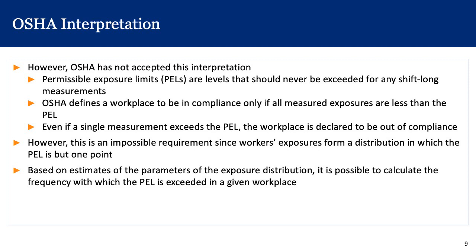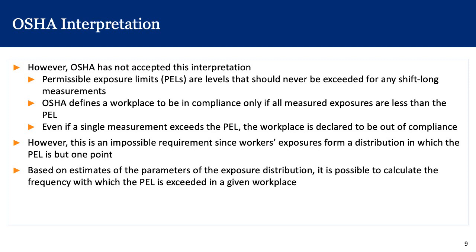And so they're not talking about a 45-year time period. They're talking about one shift. And so OSHA defines a workplace to be in compliance only if all the measured exposures are less than the permissible exposure limit and not just the average. So even if a single measurement exceeds the PEL, the workplace is declared to be out of compliance.